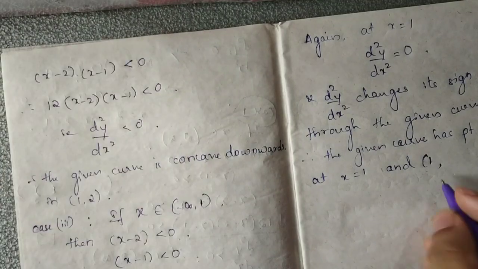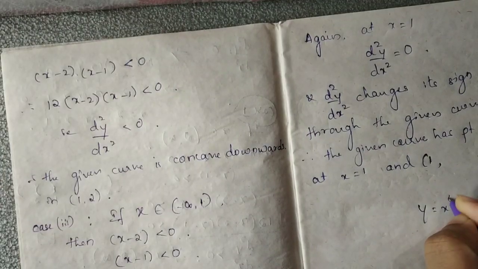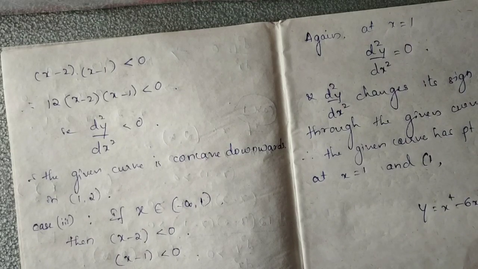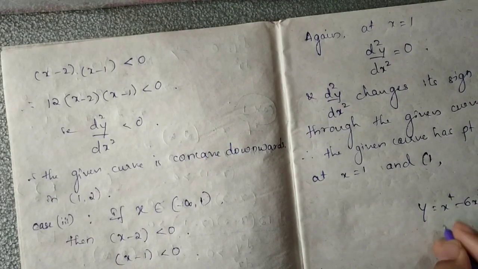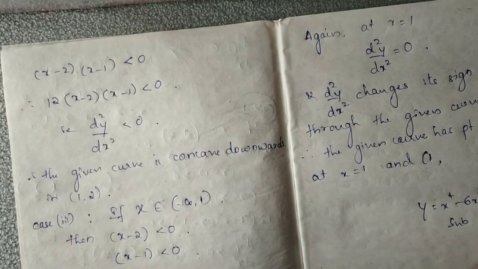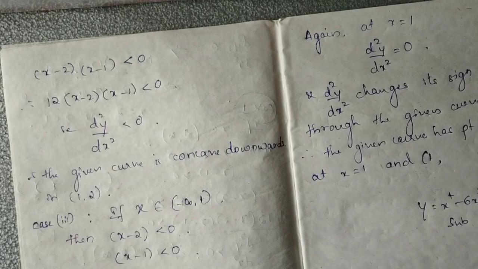We have the curve y equal to x raised to 4 minus 6x cube plus 12x square plus 5x plus 7. Substitute the value of x as c value 1.